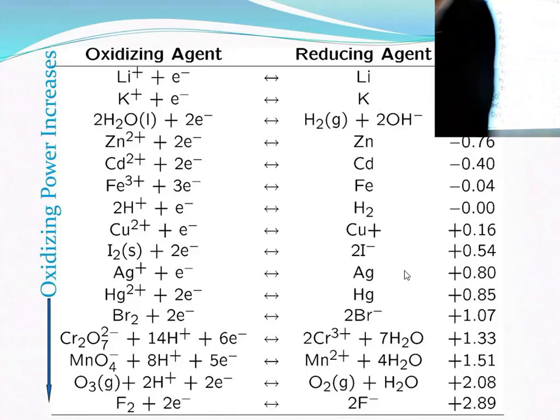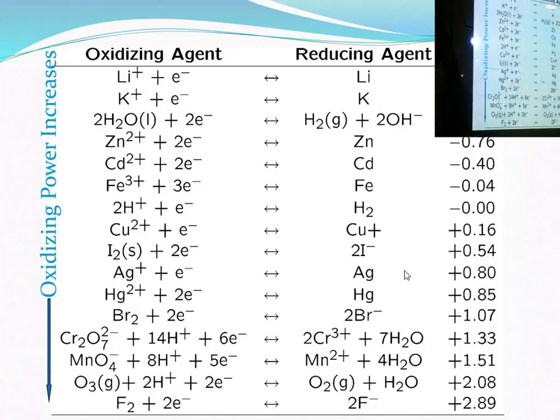Just one second. The anode is kept at the left side and the cathode is always kept at the right side. That is custom. So here Zn and here copper.